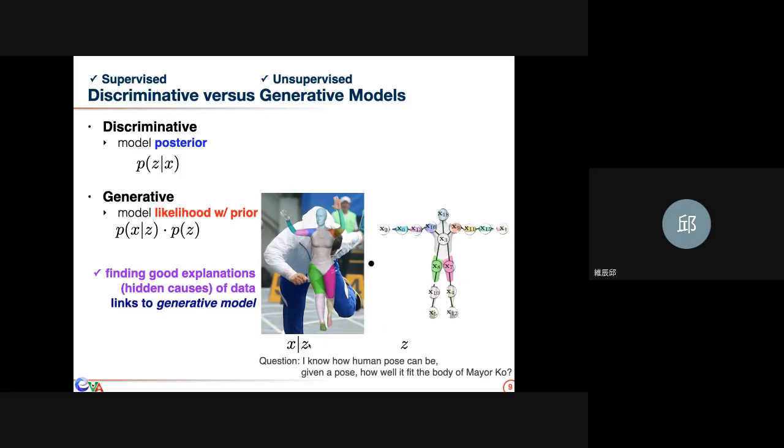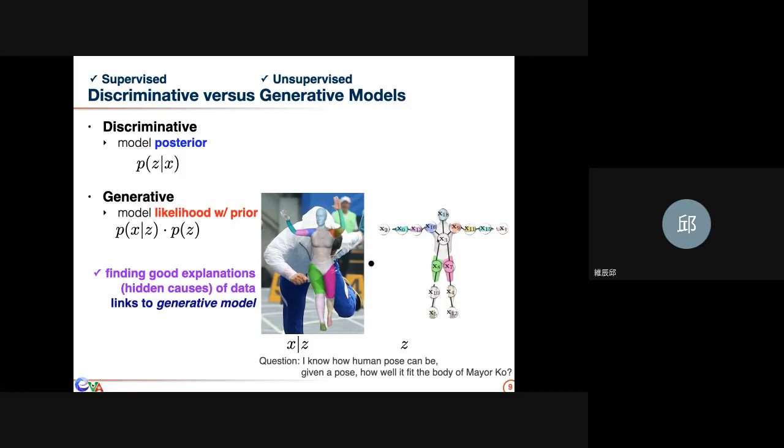let's say Z is related to a human pose, and X is related to your image, right? I can first assume that the human pose can be described by the configuration of my body joints.